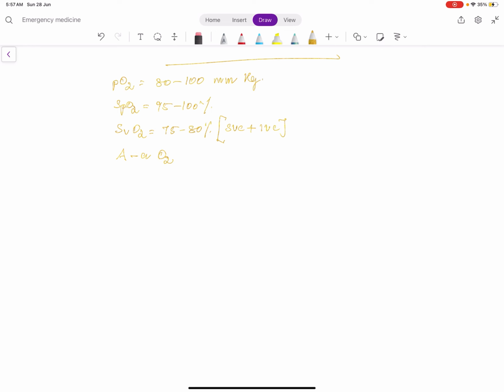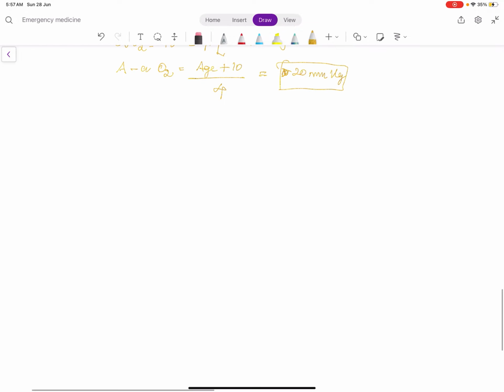Then the A-a oxygen difference, the alveolar arterial oxygen gradient. The normal gradient is (age + 10) divided by 4, or the critical value is taken to be 20. Normal AA oxygen gradient is less than 20 millimeters of mercury. If it is more than 20 millimeters of mercury, it is increased.